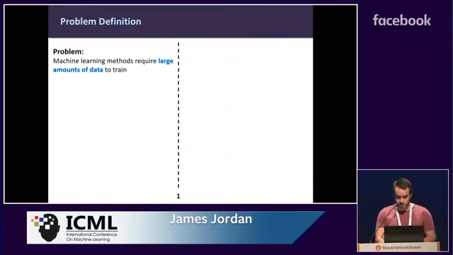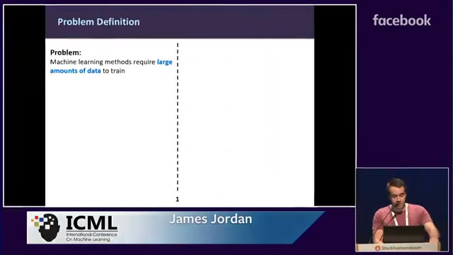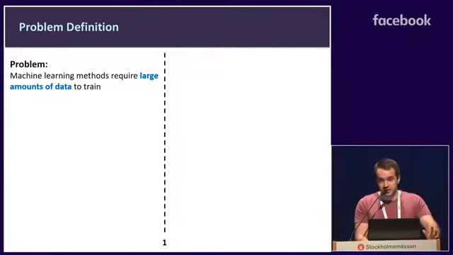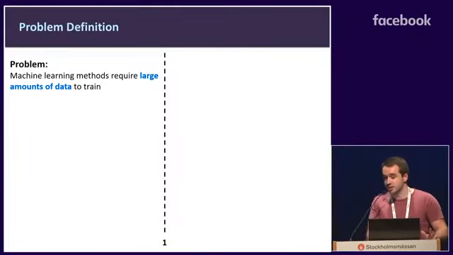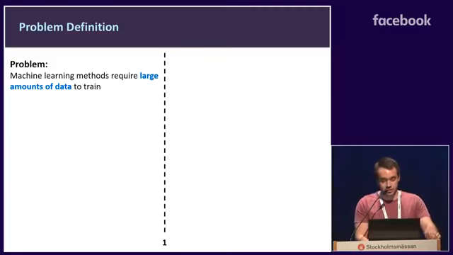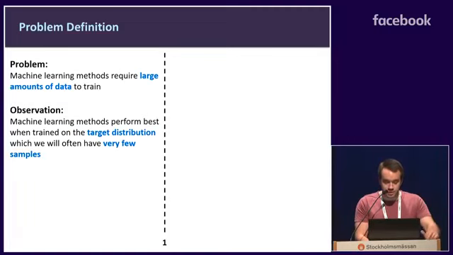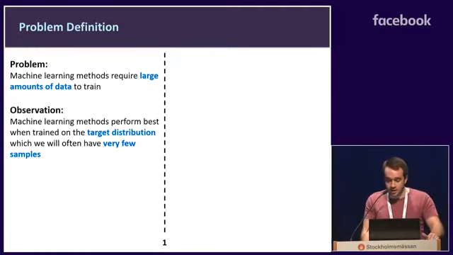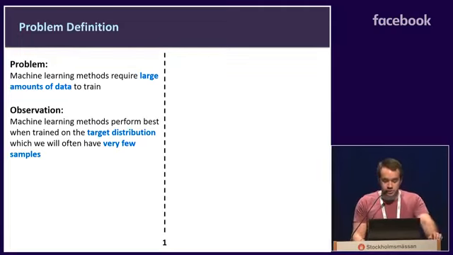The problem we're looking at today is that machine learning methods in general require large amounts of data to train well. A key observation we make is that machine learning methods perform best when trained on the target distribution in which we wish to deploy them.